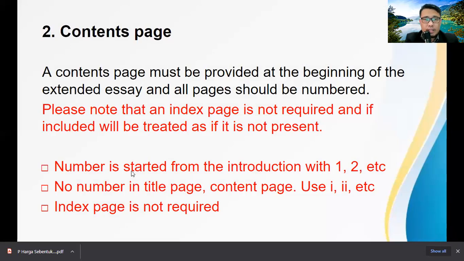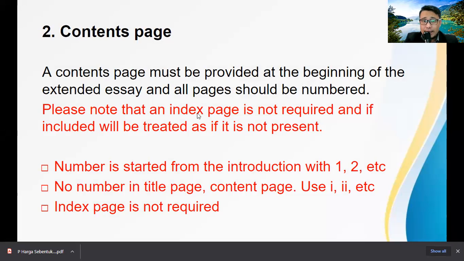Right. The second one after the title page is the content page. A content page must be provided at the beginning of the extended essay and all pages should be numbered. That's for sure. After the title page, the reader needs to know what will be inside your extended essay, so you need to put the content page after the title page. Here there's a note.